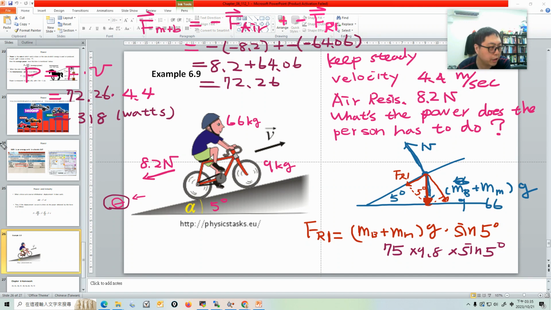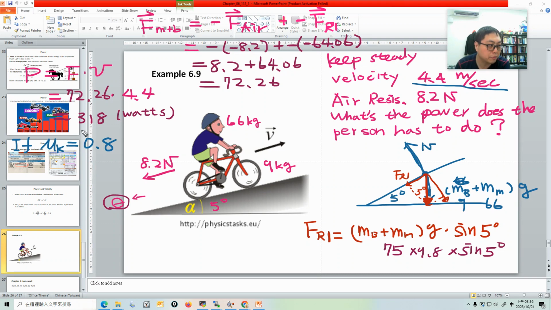As another question, if the kinetic friction coefficient is, let's say, 0.8, what's the power you need to keep constant velocity motion at 4.4 meters per second? We add another condition: there's friction between your tire and the surface, and the kinetic coefficient is 0.8.